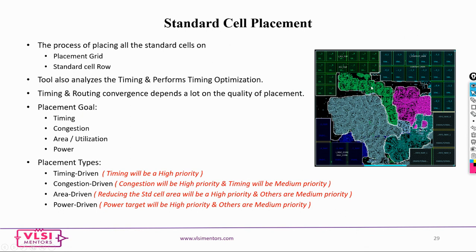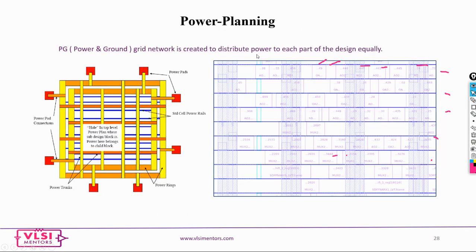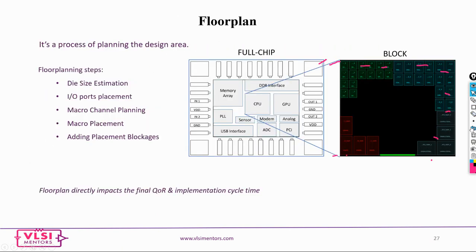Next is standard cell placement, which is automatically placing all those standard cells. Any design that you take will have both standard cells and IPs. Now these are all IPs. If you look at the previous snapshot, you will see all of these are IPs.